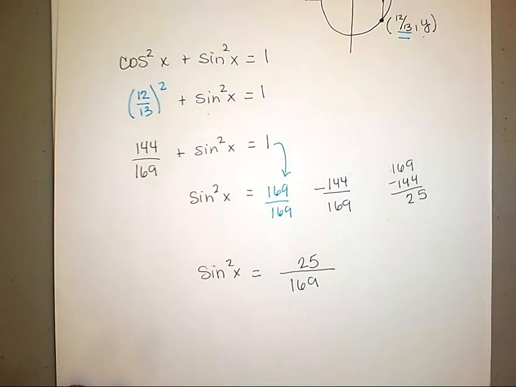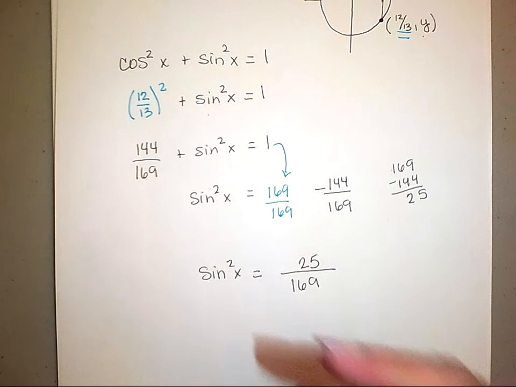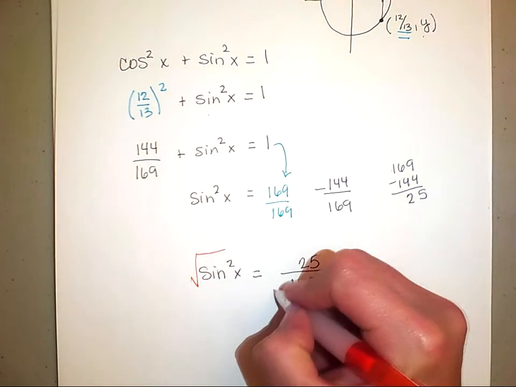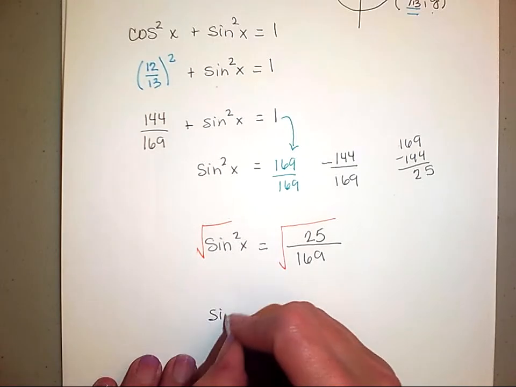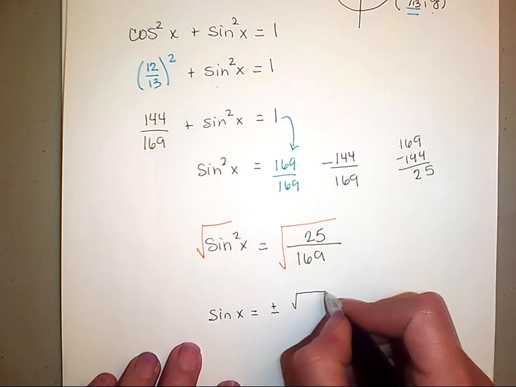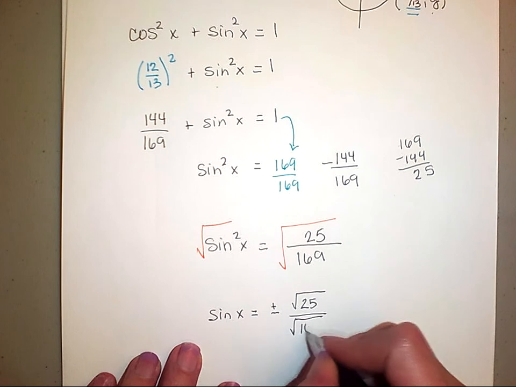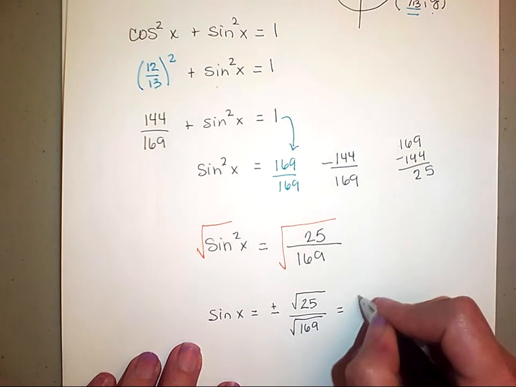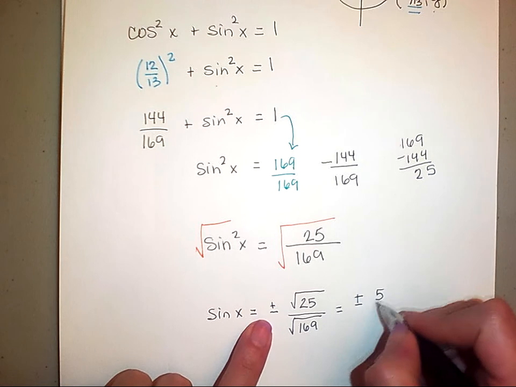Now I can take the square root of both sides to get sine of x is equal to plus or minus. And let's split this up. 25 is a perfect square, and so is 169. So we have that the sine of x is equal to plus or minus 5 over 13.